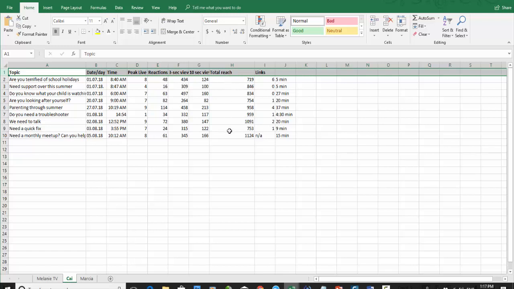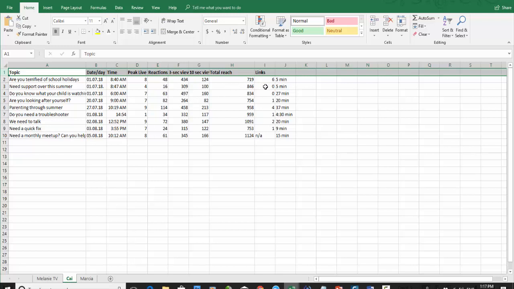Reach can also be determined by the time of the day when you did your live stream. People can watch your live stream if they see that you are doing a live, and then the second decision they make is based on the topic you are talking about. So here we will see how many people were reached and how many were viewing.